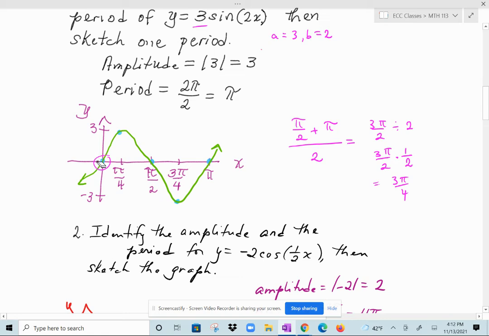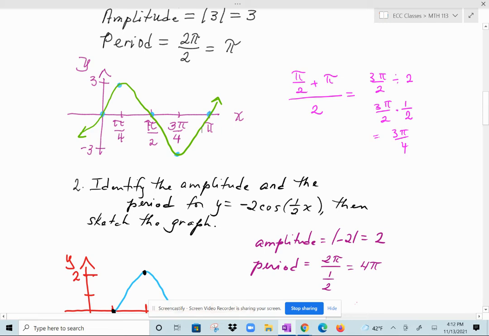So this is the first time we're seeing a negative number in our function, and -2 is the leading coefficient of that cosine function. So remember, the amplitude is the absolute value of this coefficient. So amplitude is 2, and the period is 2 pi divided by this number, which is a half.